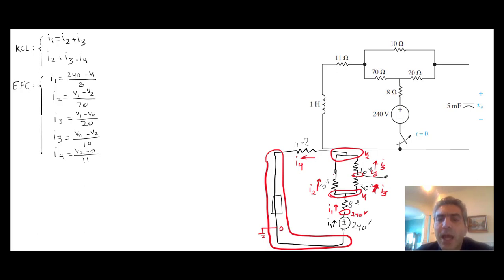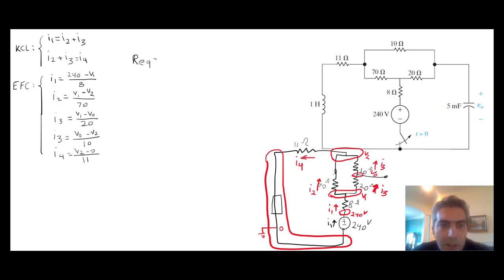So let's use that instead of solving this set of equations, to save some time here. The equivalent resistance is basically this 8 ohm resistance in series with the equivalent of these 2 branches, and then in series with the 11 ohm. I'm going to call that R equivalent.